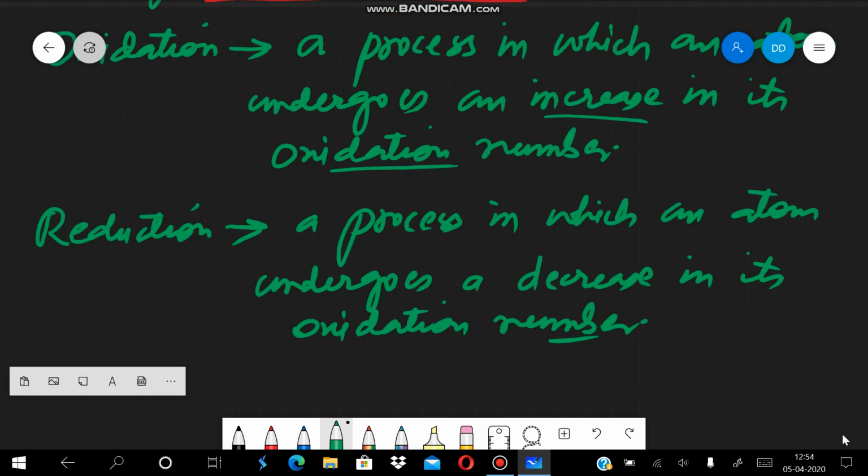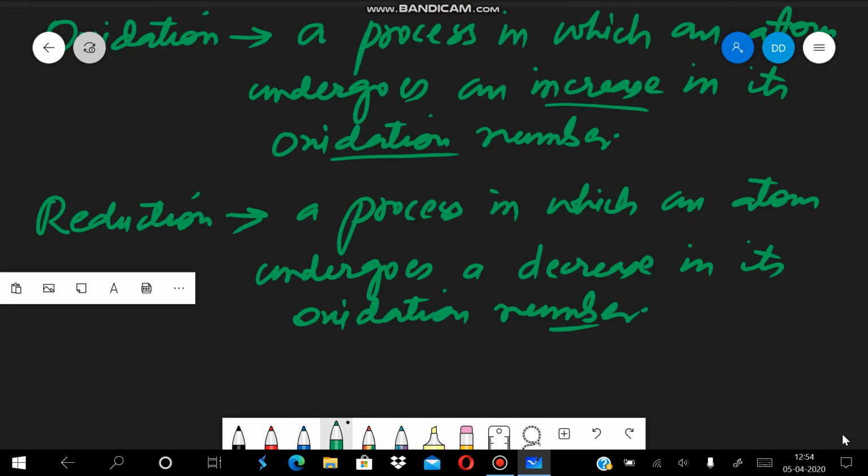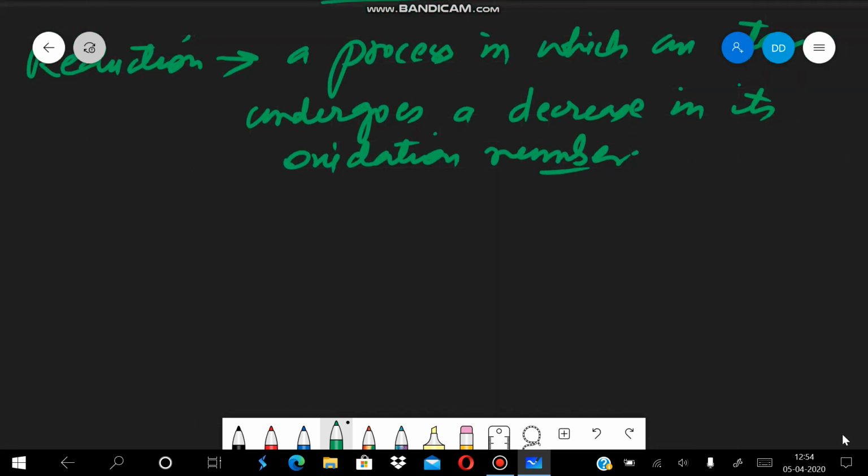So oxidation and reduction, they are simply increase in oxidation number and decrease in oxidation number.